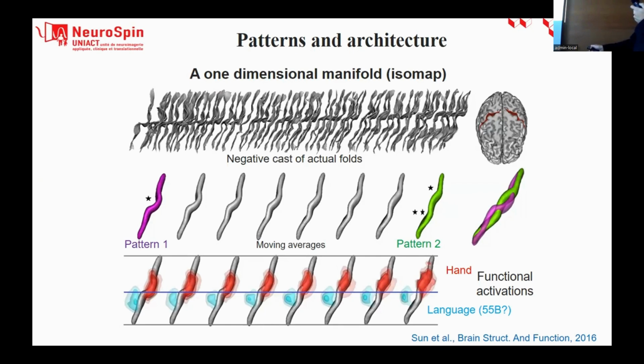And this language area, which is a reading area, is in fact located either close to the sulcus for the one knob pattern, or far away from the sulcus for the second pattern, which means that this pattern story is really a proxy of differences in terms of architecture.